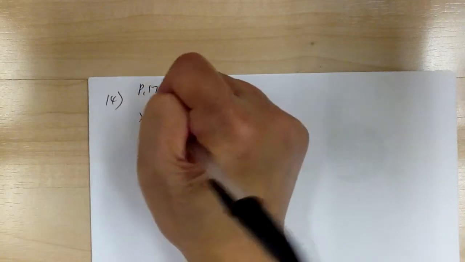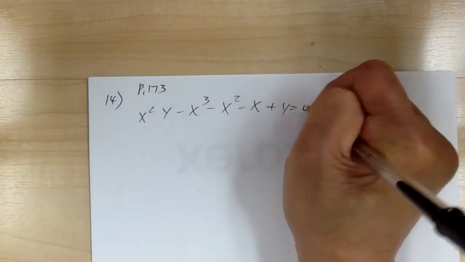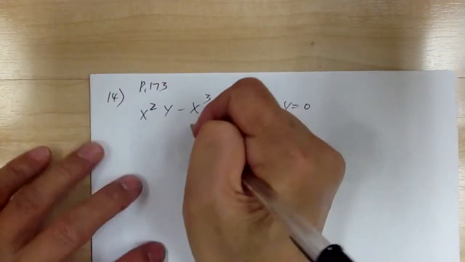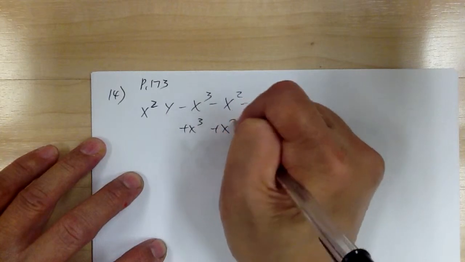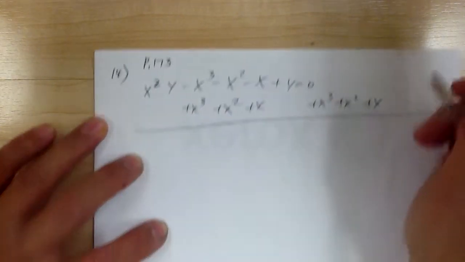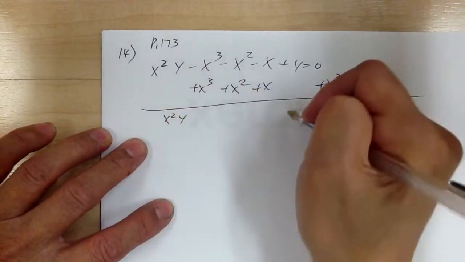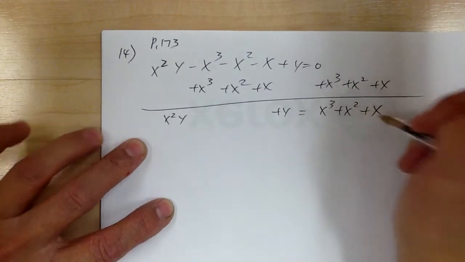Okay, you got x squared y minus x cubed minus x squared minus x plus y equal to 0. Okay, so plus x cubed, plus x squared, plus x on both sides. So you got x squared y plus y equal to x cubed plus x squared plus x.